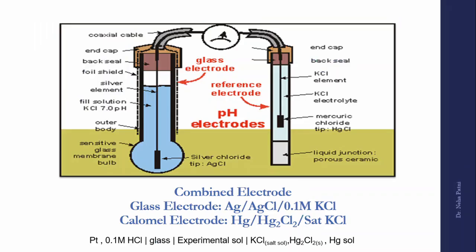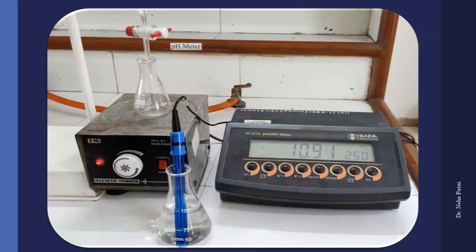Now let us go into detail. What we are going to do is use the setup. Let me go to the setup first. This is what the pH meter looks like. Here you can see pH or ORP meter, which is oxidation reduction potential meter. The 10.94 you can see here is the reading of this solution.